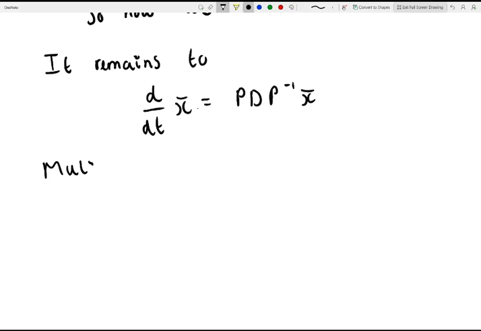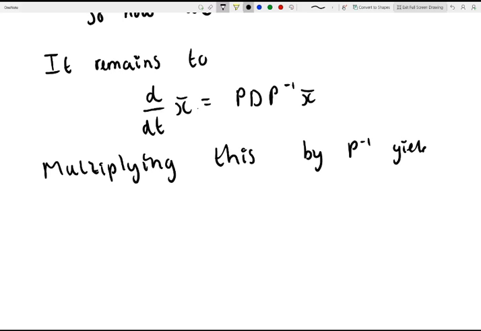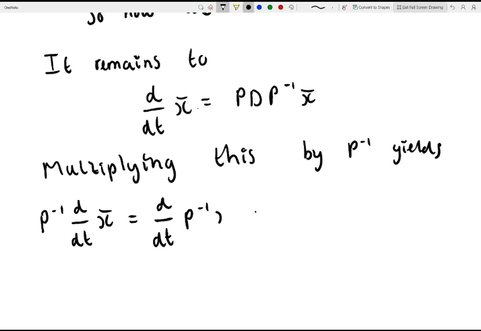Multiplying this whole equation by P inverse yields the following: P inverse times the derivative with respect to t of x bar, but P inverse is just a constant, so we can push it through the derivative to get the derivative with respect to t of P inverse times x bar is equal to the right hand side, which is P inverse times P times D times P inverse times x bar.